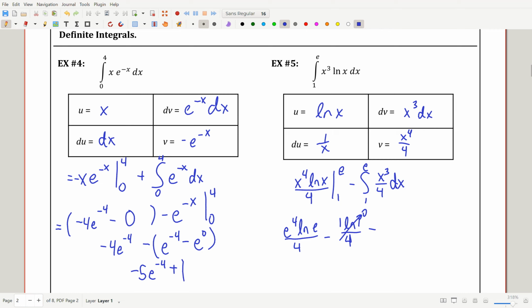Minus x to the 4th over 16, evaluated from 1 to e. Because why not? Thinking ahead a little bit here. This is going to give me e to the 4th over 16 minus 1/16, right?